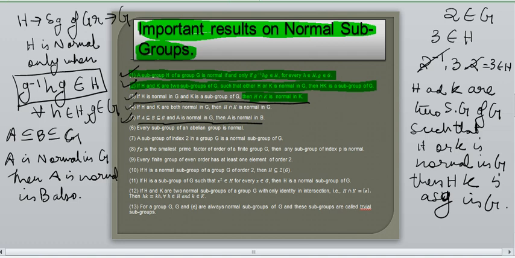That's what it says. These ones are very, very simple.